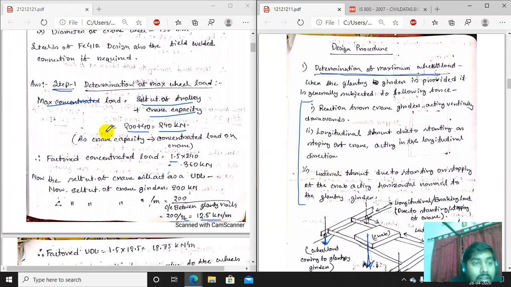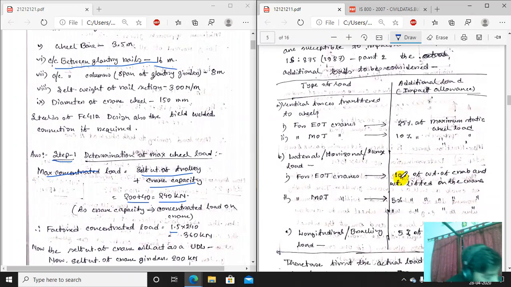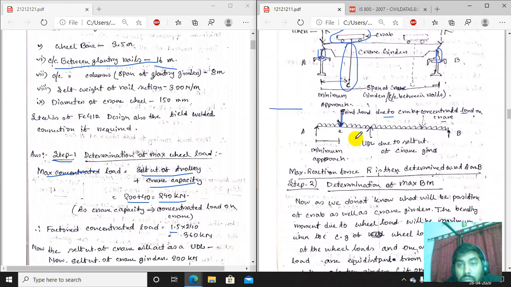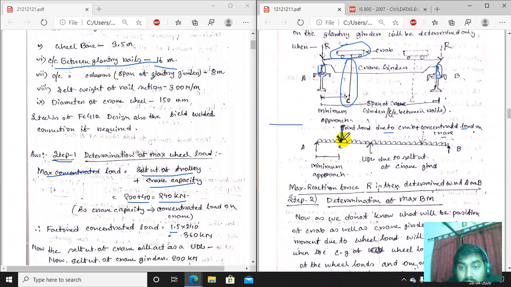So let us see what is the meaning of the vertical load. Let us come to the load diagram. Here you can see the point load is acting. The point load is due to the crab weight plus the concentrated load on the crane.